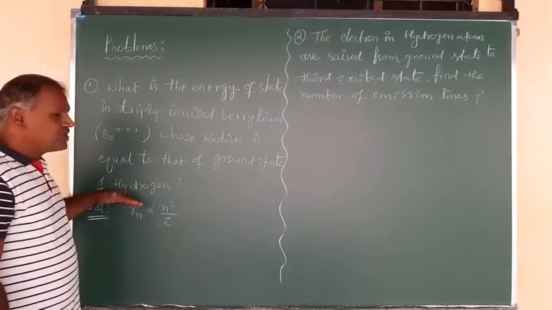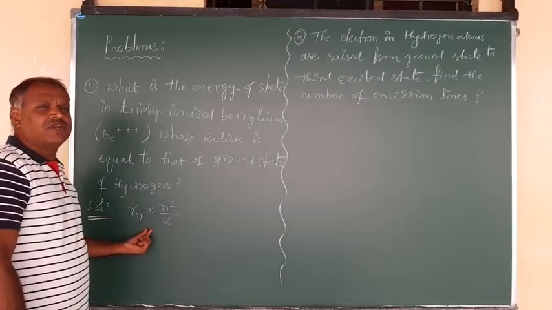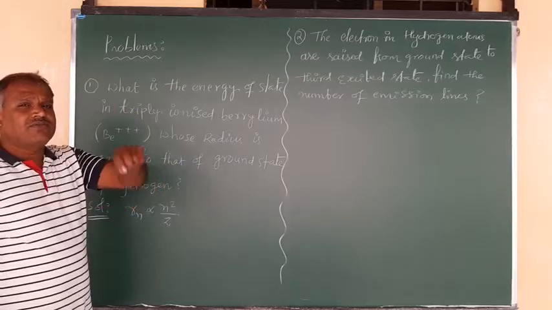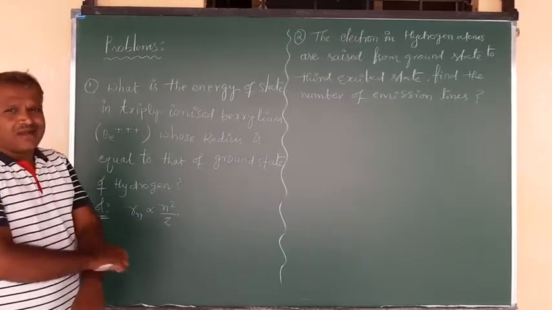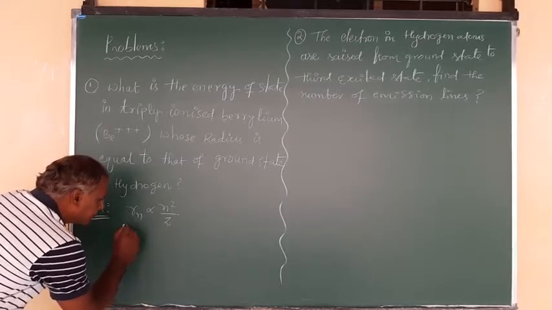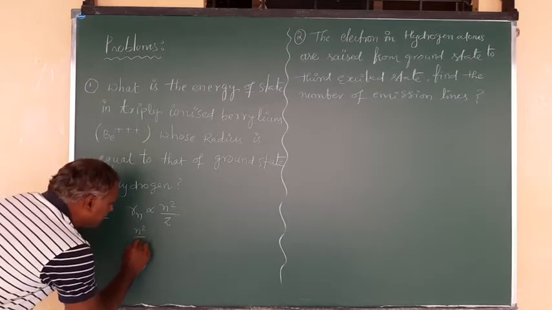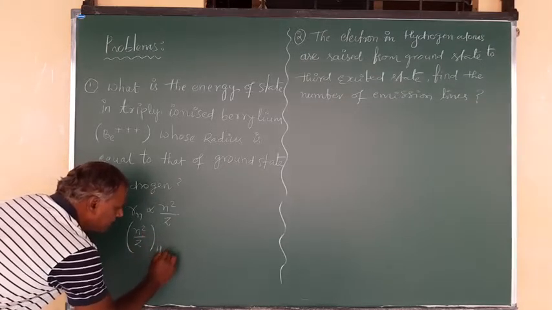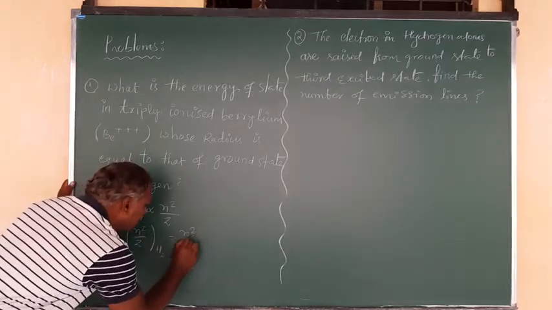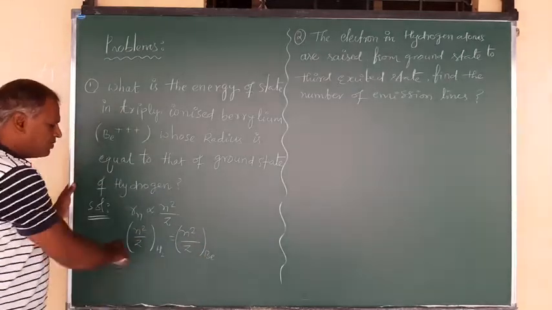It is based on that n value, so first we calculate n by comparing the radius of the hydrogen atom in the ground state with the radius of the beryllium atom. For hydrogen, n square upon z in the ground state is equal to n square upon z for beryllium.